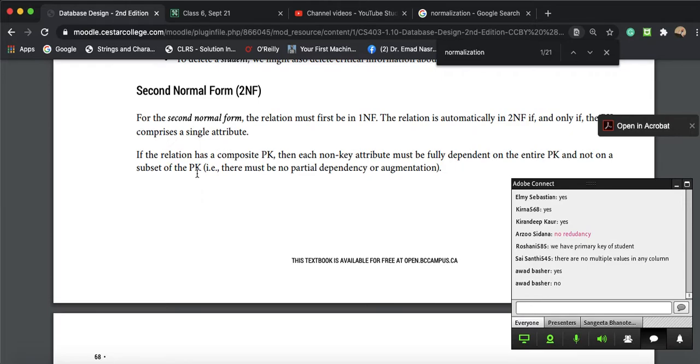That's the trick. If the relation has a composite primary key, I will directly say, no, it's not in the second normal form. No, that's wrong. Maybe it has a composite primary key, but is in the second normal form. How can I know?